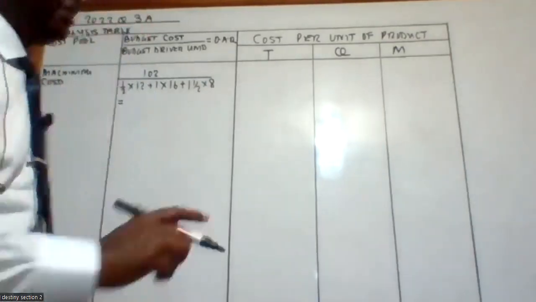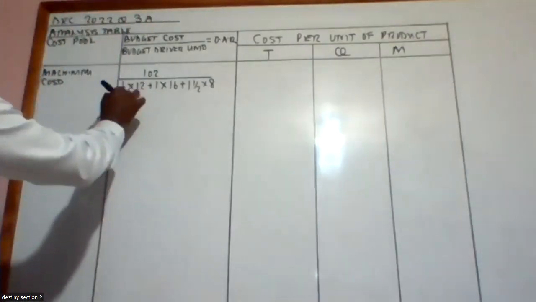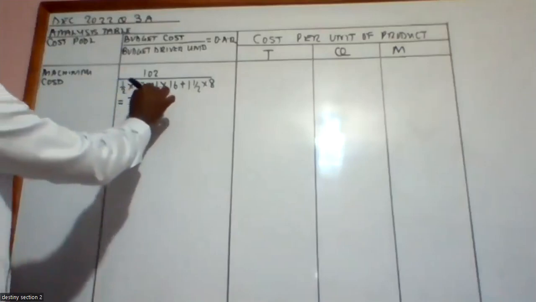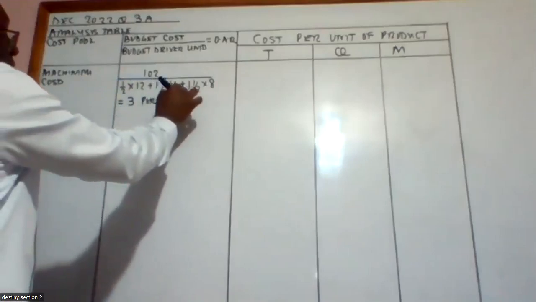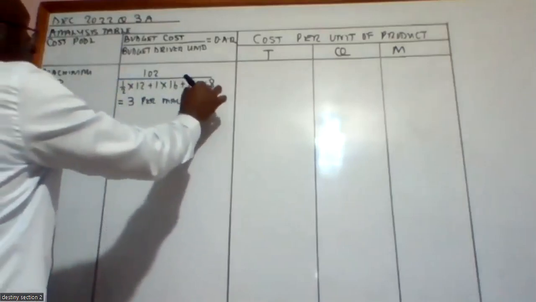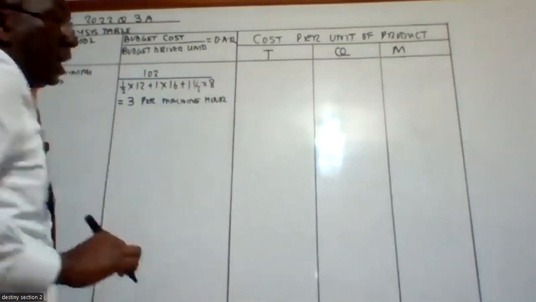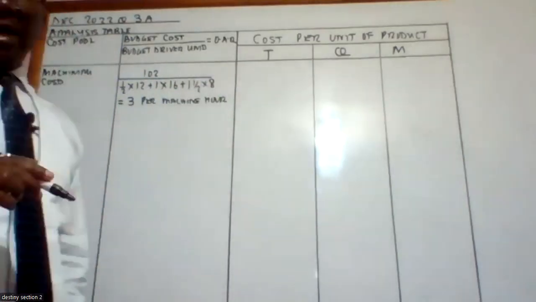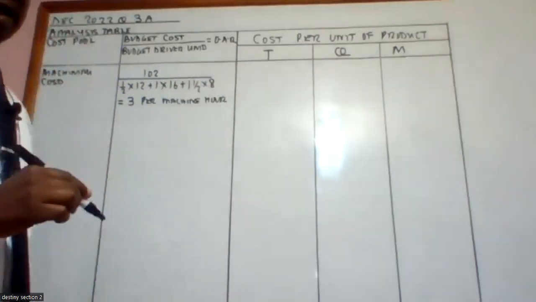Thank you, Vera, it is 3. So this is 3 per machine hour. It is always good to identify the OER, as we said when we were in overhead.